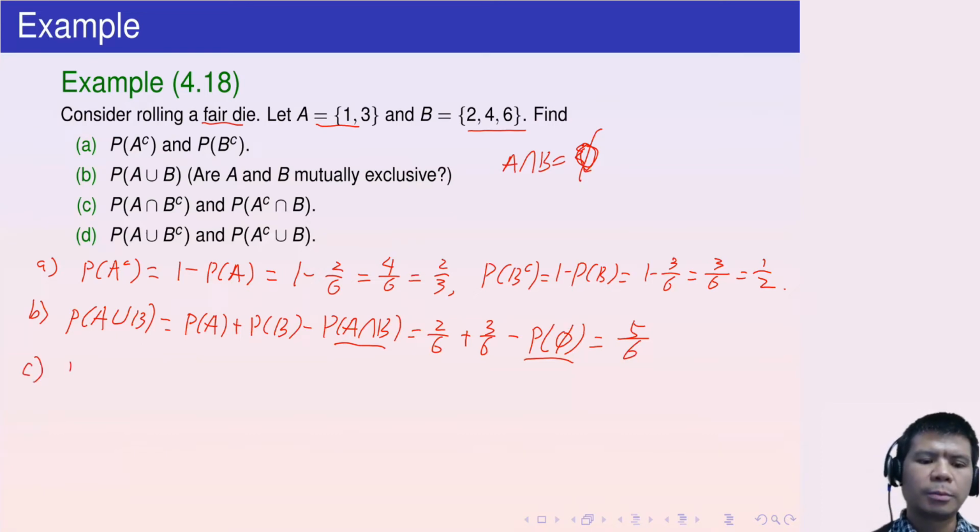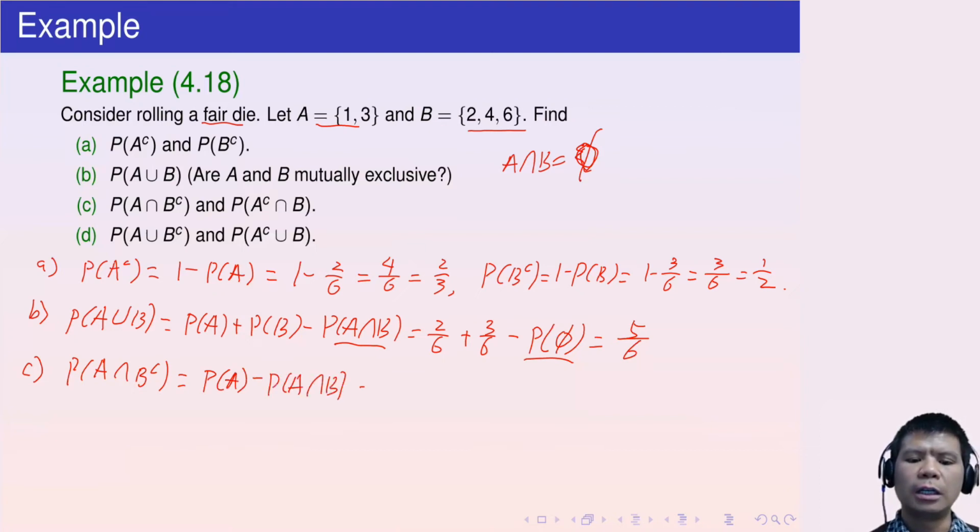C here is the probability of A intersect B complement. Again, using the difference rule, it is the probability of A minus the probability of A intersect B. Probability A is 2 over 6 minus the probability of the intersection, which is the null event. So it is 2 over 6, which is 1 over 3.